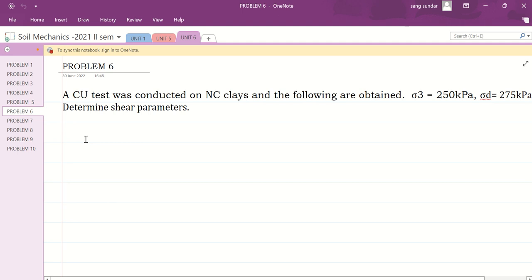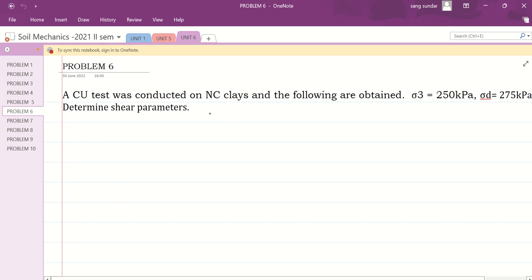Problem number 6. A CU test was conducted on a normally consolidated clay and the following are obtained. Sigma 3 is 250 kPa and sigma D is equal to 275 kPa. Determine shear parameters.